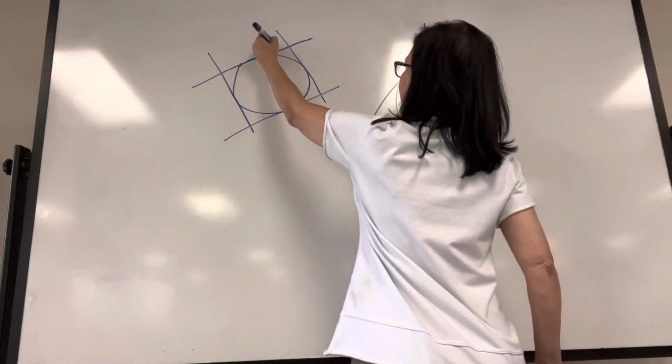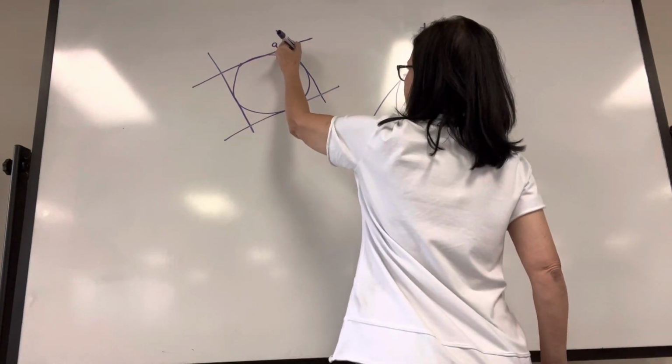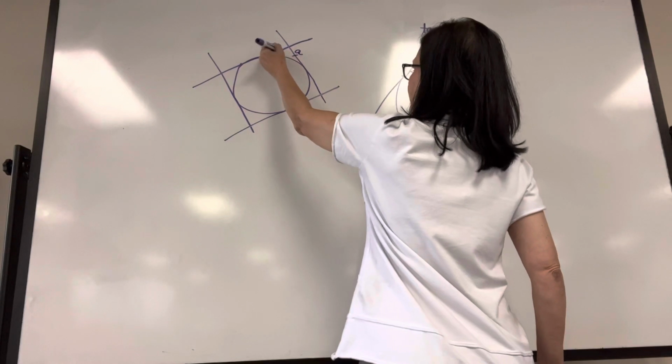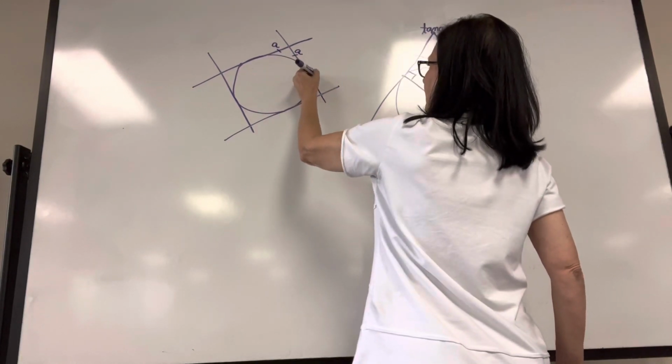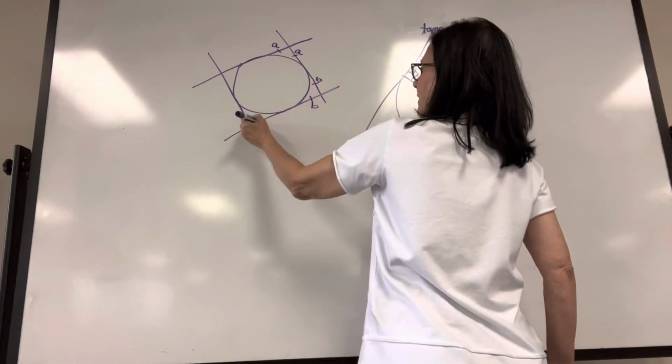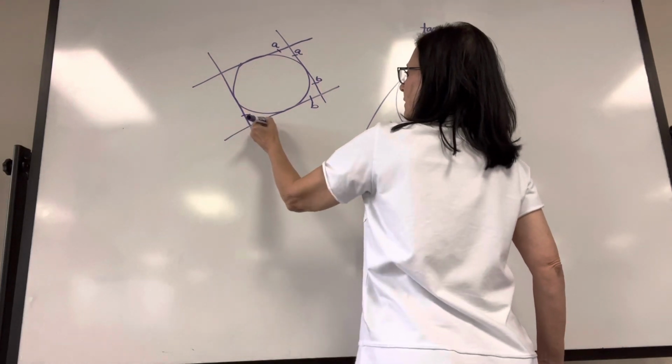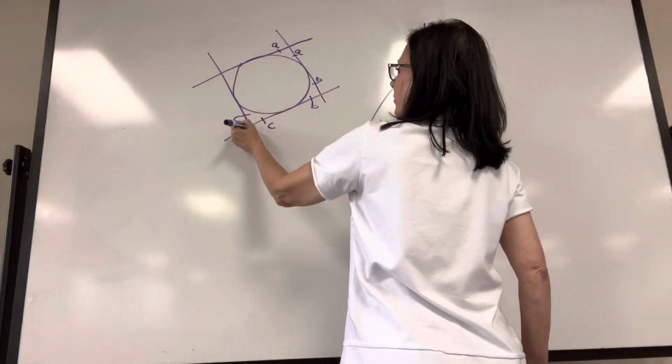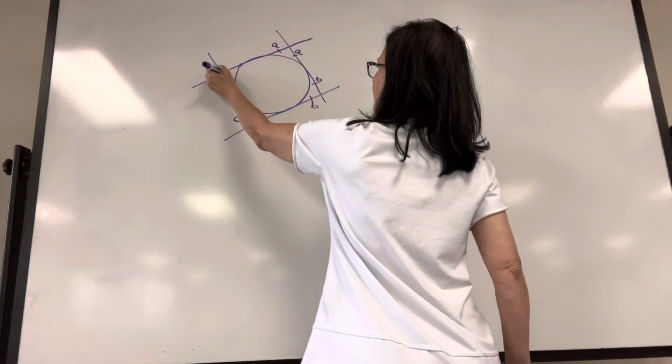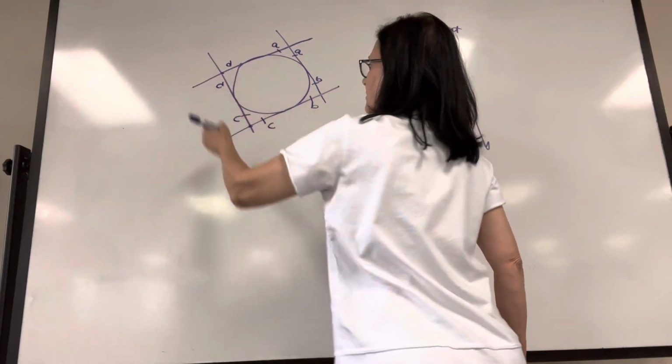And if I just label them, both of these would be equal. Both of these would be equal. These two from this point, and these segments would be equal.